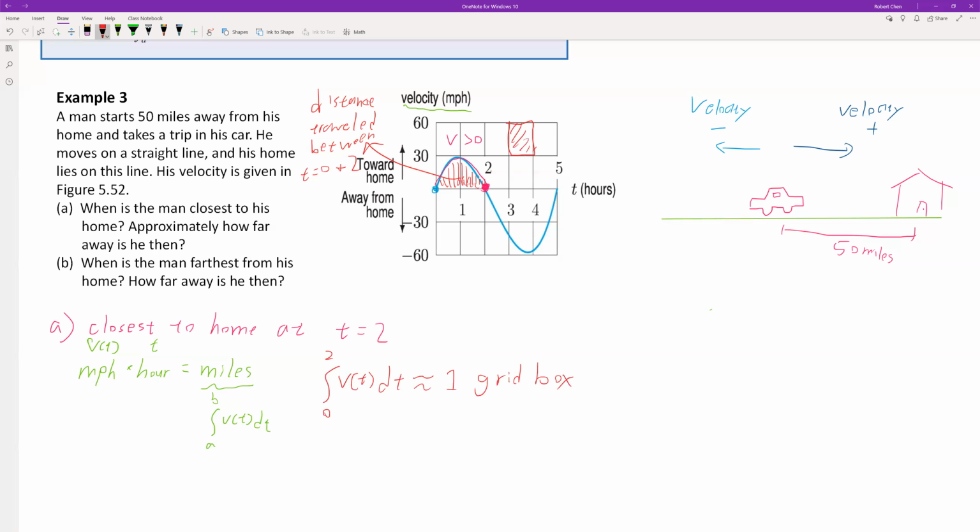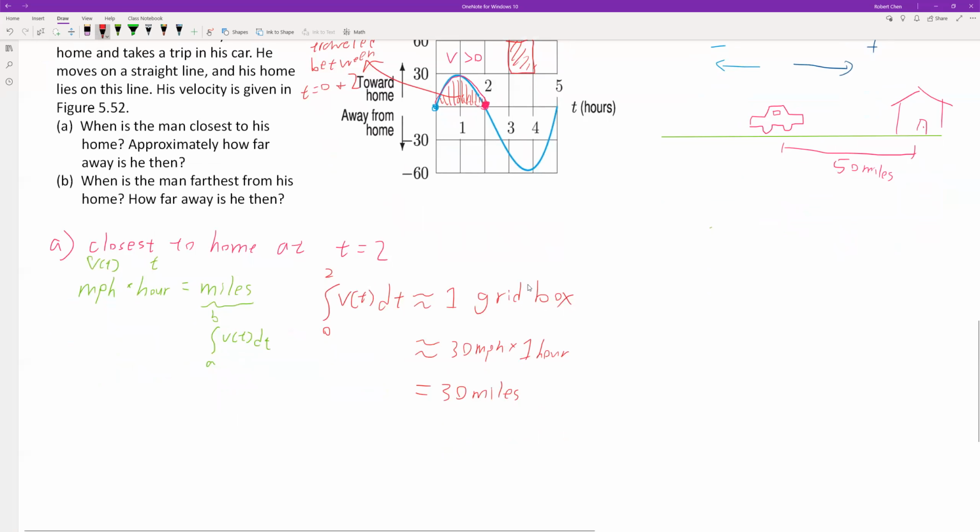Each box has a length of 30 mph multiplied by a width of 1 hour, so that's about 30 miles. So for the travel between 0 hours and 2 hours, this man traveled about 30 miles towards his house.